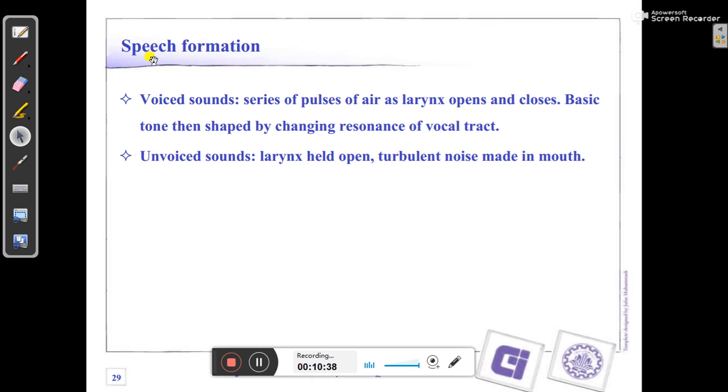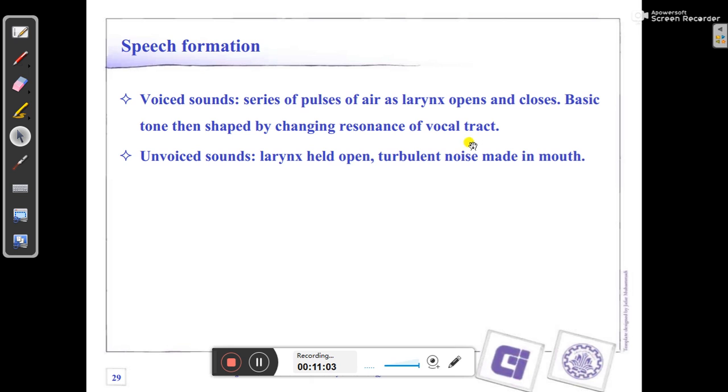Speech formation, how we can create the speech. Voiced sound is a series of pulses of air as the larynx opens and closes.